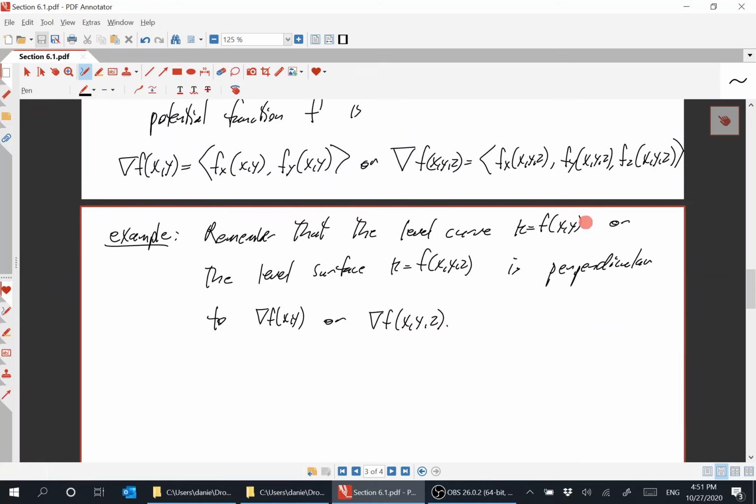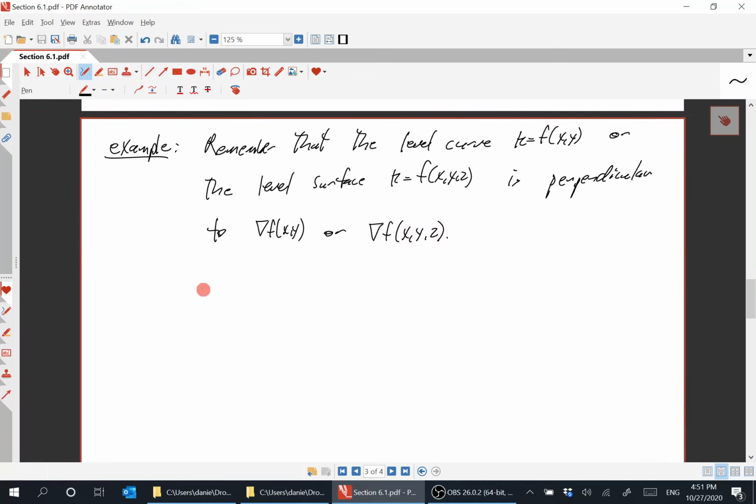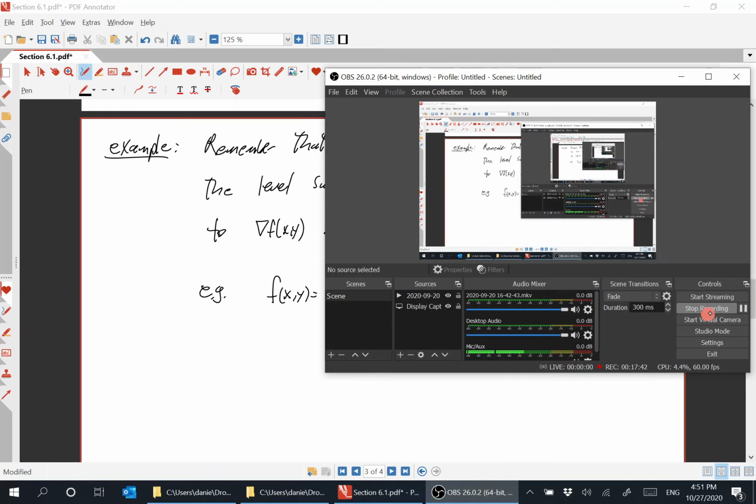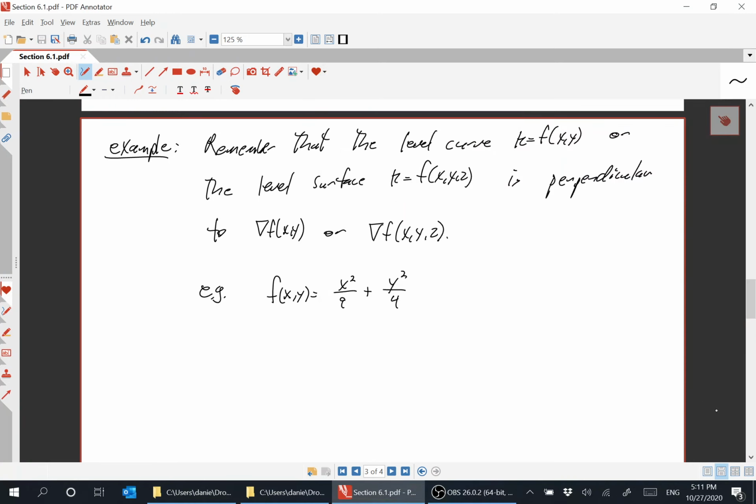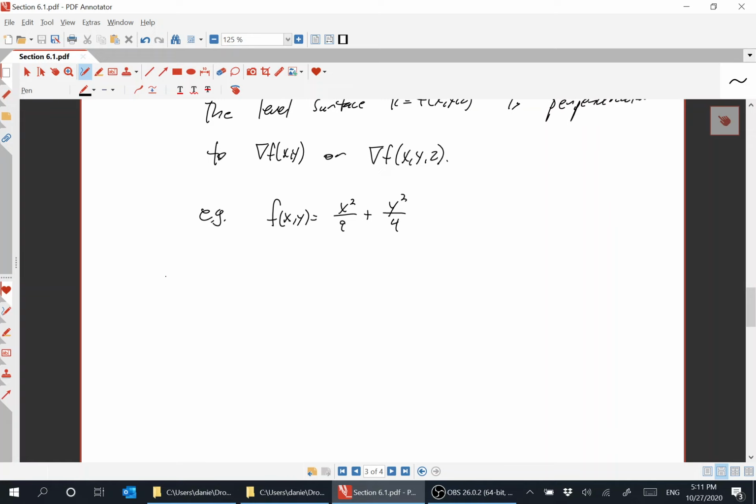So, for example, if I had f of x, y equal to x squared over 9 plus y squared over 4, so if you took this 2-variable function here, then what do the level curves look like?